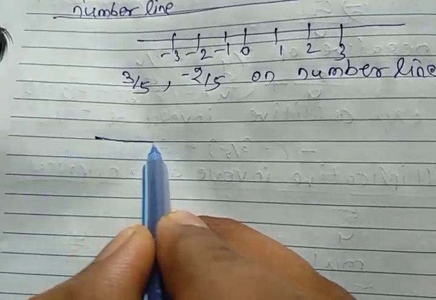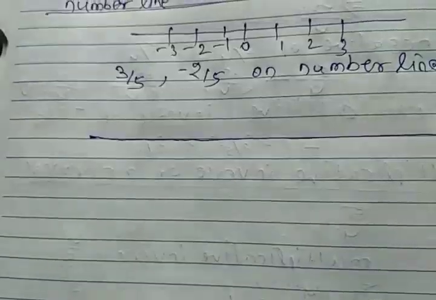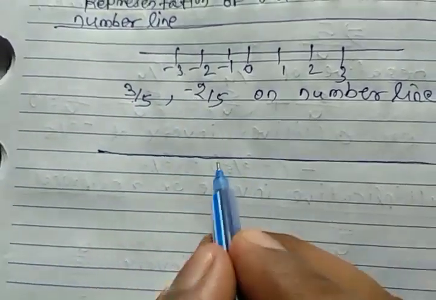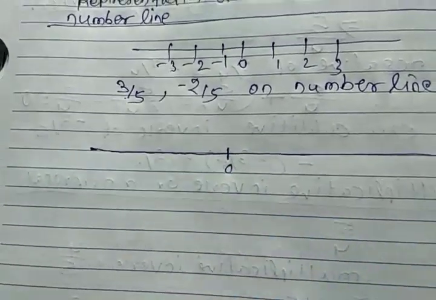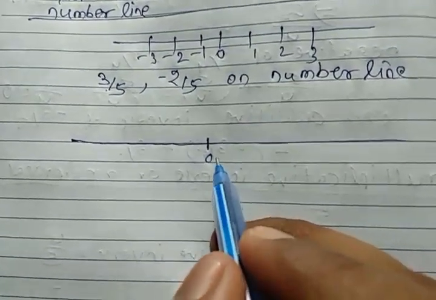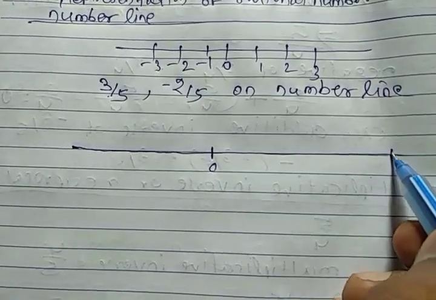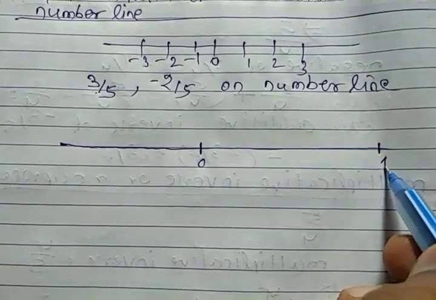First we take a line. Here we have to show both positive and negative, so we take 0 in the middle. Then here is 1.